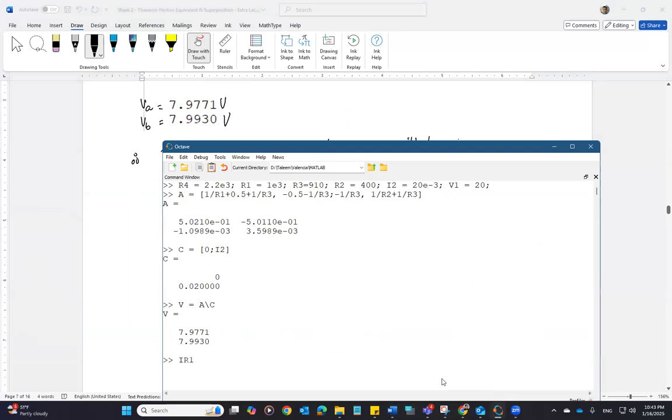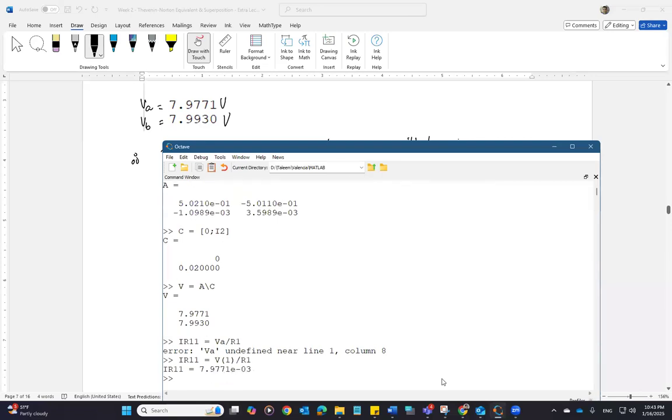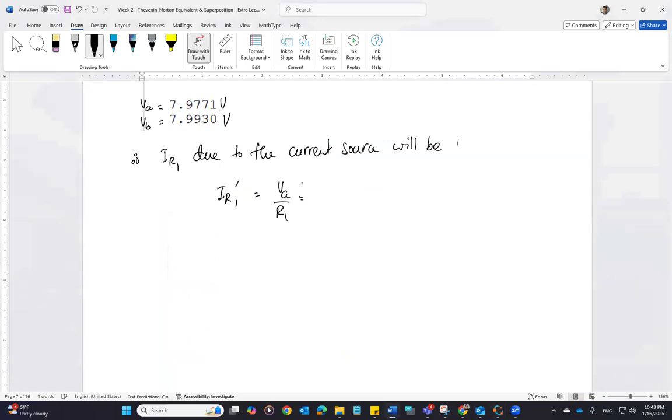I'll just call it IR11, is equal to VA over R1. Okay, VA is not defined. Oh, VA is basically V of 1. 7.977 milliampere. So that is the contribution due to the current source.